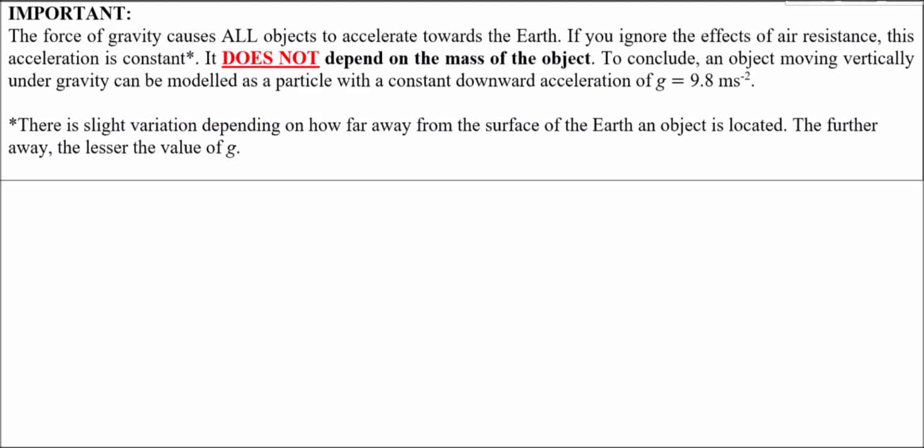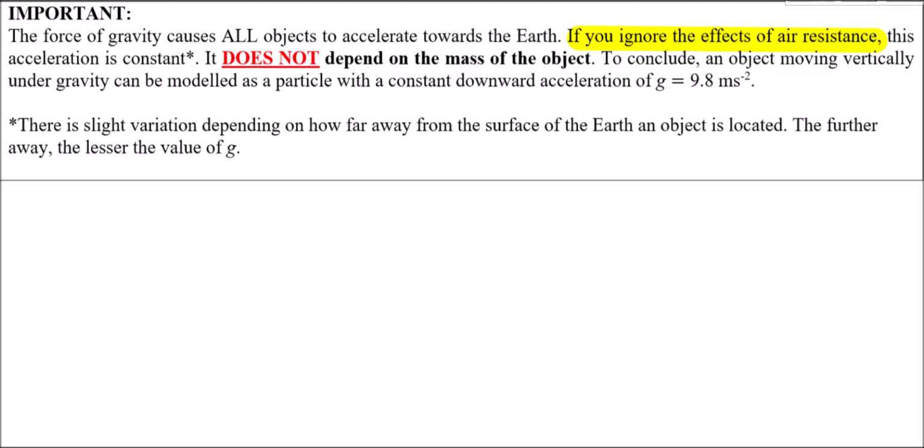But this here is quite something. So if you did ignore the effect of air resistance, the acceleration of all objects towards the centre of the Earth would be constant. So sometimes obviously that's not going to be the case because air resistance does exist. So for example, if you dropped a bowling ball and a feather, the air resistance on a feather is going to be significantly affecting the feather more than it would a bowling ball.